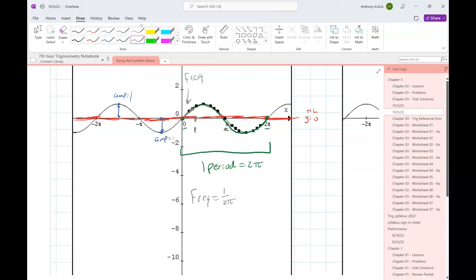So that's what we're talking about with the frequency. It's how much of the period gets done when you move over 1 unit, inside of 1 unit length horizontally. Is that all right?